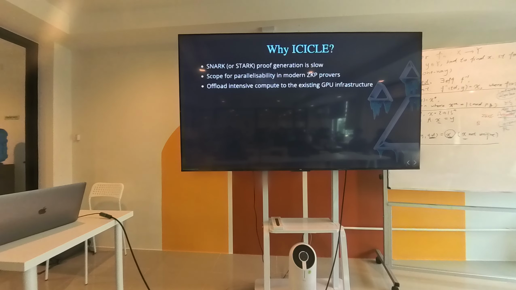Because GPU is a readily available resource that we can use without having to go through the process of designing and then taping out an ASIC and so on. And GPU is already pretty popular with machine learning related computations, and the idea there is also very similar.